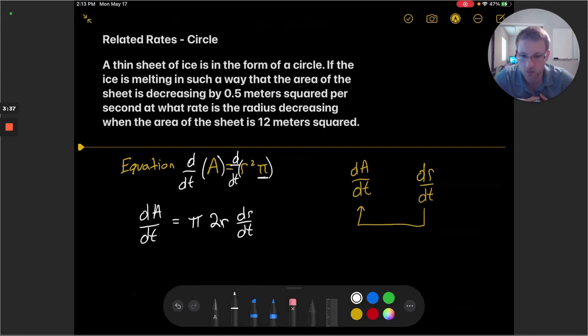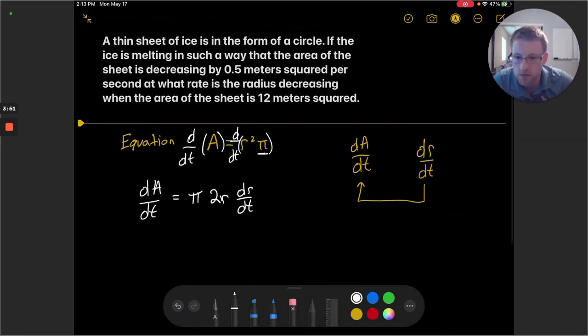So that's the chain rule in effect there. The outer derivative is the 2r, and the inner derivative, the rate of change of r, is dr/dt. So this is our equation involving both of the rates, dA/dt and dr/dt: the rate of change of the area and the rate of change of the radius.